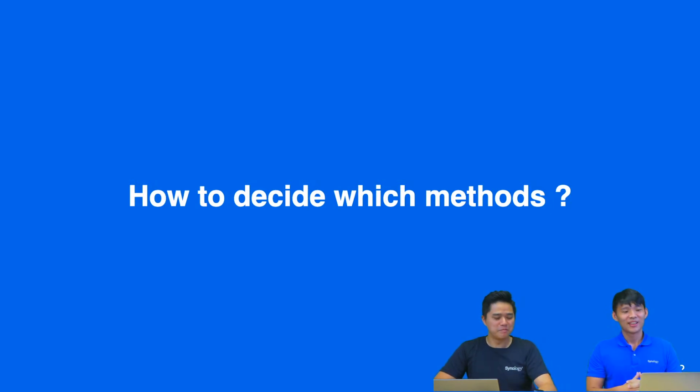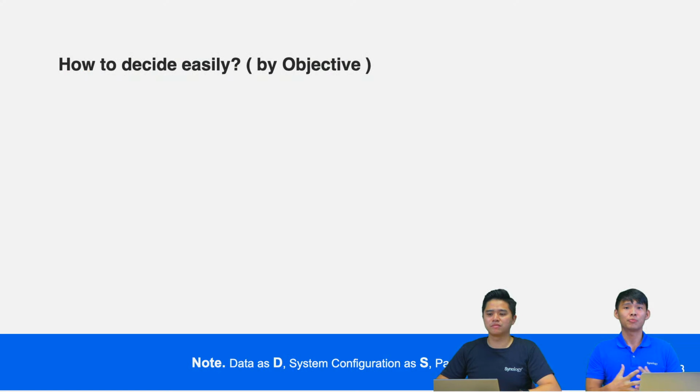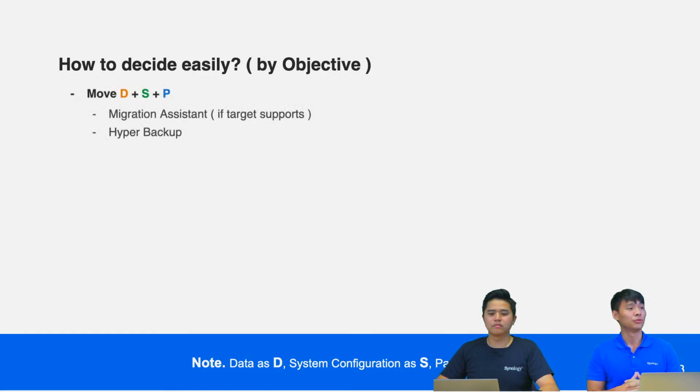Definitely. Here is the easy way to decide which method we should use by objective. For moving data plus system configuration plus packages, using Migration Assistant is a good choice. If the target NAS doesn't support it, then Hyper Backup. For moving data plus system configuration, or data plus packages, or packages only, Hyper Backup is the only way to accomplish it.